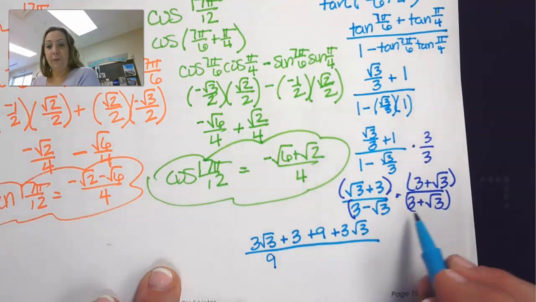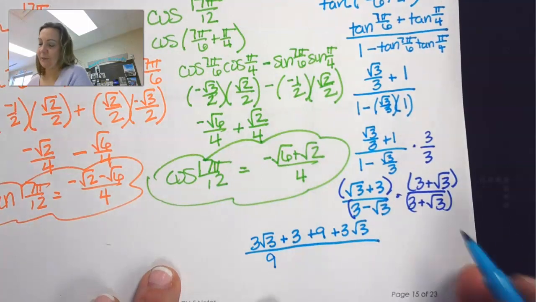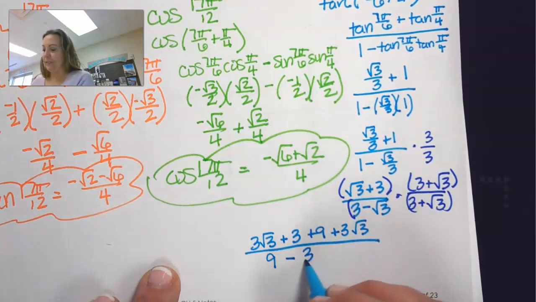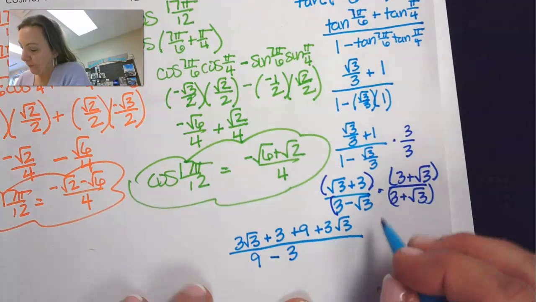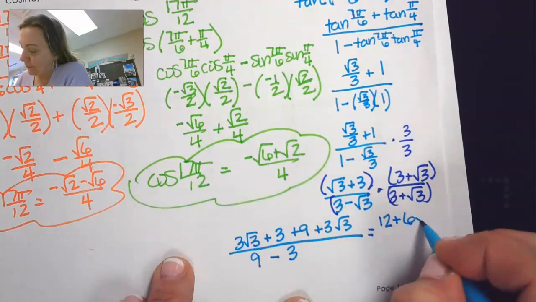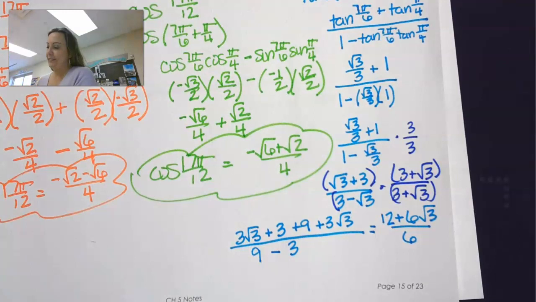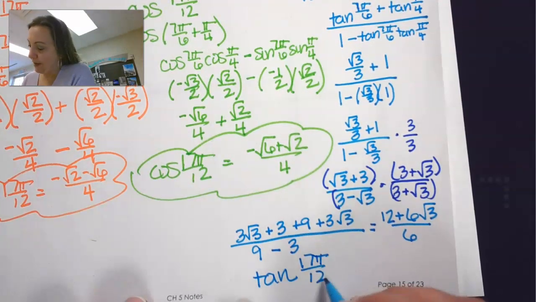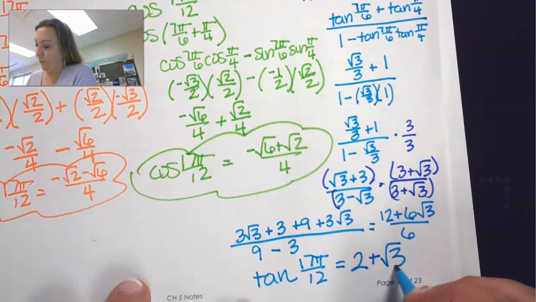And then again, plus 3 root 3 and minus 3 root 3, that's going to cancel, we know, because of the conjugates. And then we're going to have minus 3, because again, as in the numerator, root 3 times root 3 is just 3. And so then we end up here with 12 plus 6 root 3 over 6. And each of those can be divided by 6. And so my tangent of 17 pi twelfths is going to be 2 plus root 3.